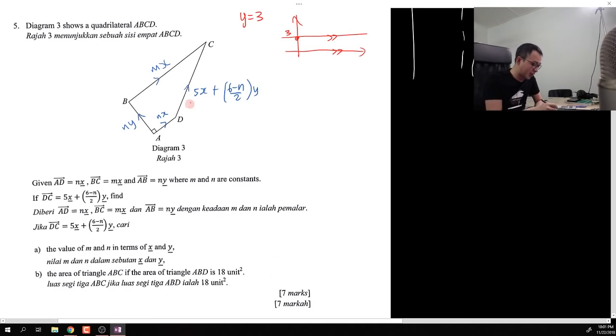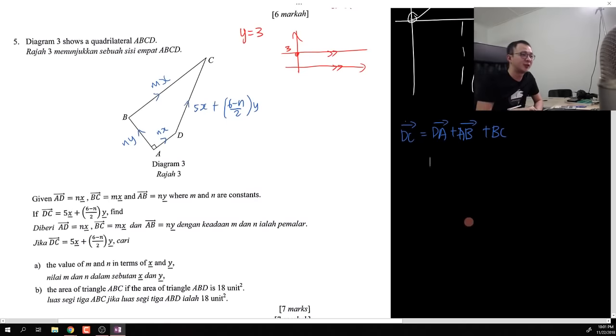So I know DC basically combines all of them, right? Therefore, I will say DC is DA plus AB plus BC. Then I will do some substitution.